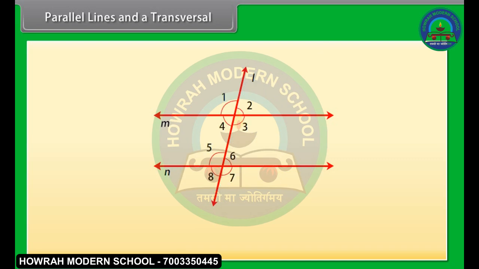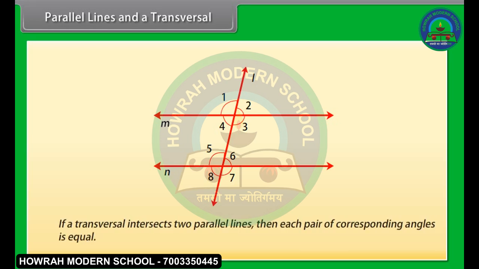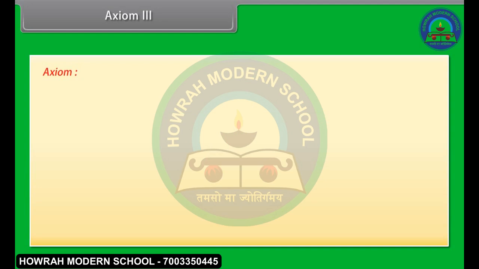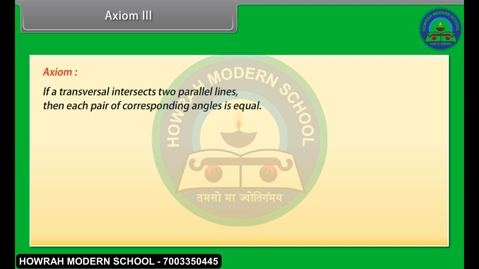Now, if we measure any pair of corresponding angles, we find that angle 1 is equal to angle 5, angle 2 is equal to angle 6, angle 4 is equal to angle 8, and angle 3 is equal to angle 7. For this, we get one more axiom. Axiom: if a transversal intersects two parallel lines, then each pair of corresponding angles is equal.